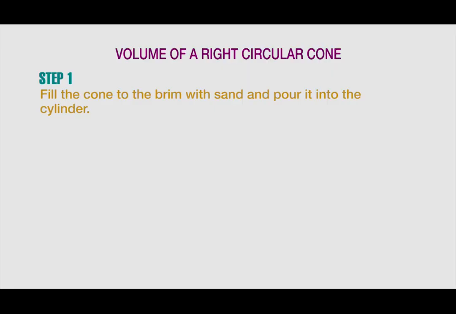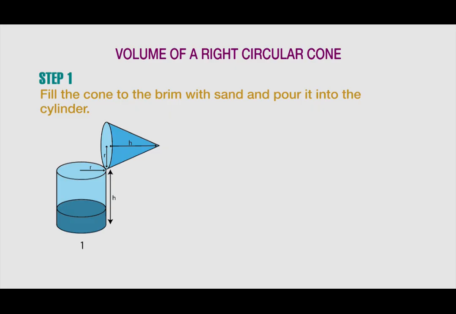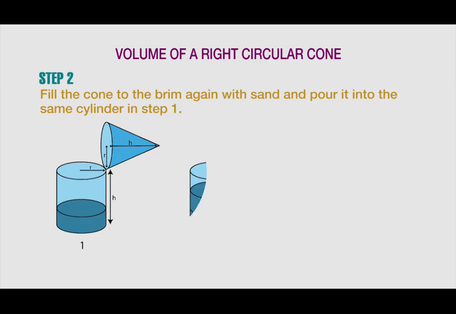First, we will make a hollow cylinder and a hollow cone. The first step is we fill the cone to the brim with sand and we pour it into the cylinder. As you can see, we have poured the first sand from the cone to the cylinder. Step 2, we fill the cone again to the brim and then we pour it into the cylinder again.